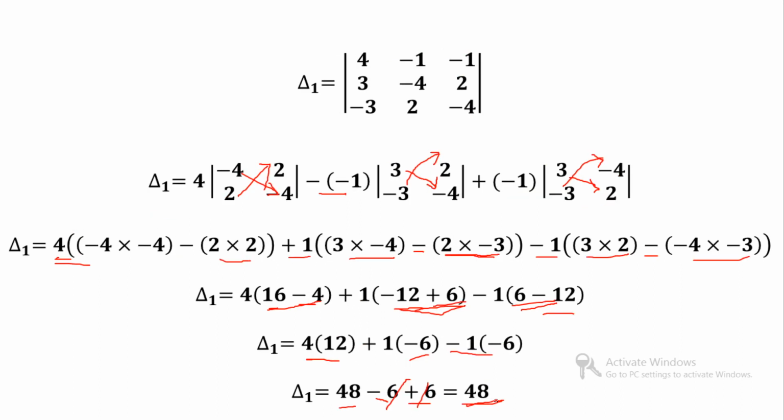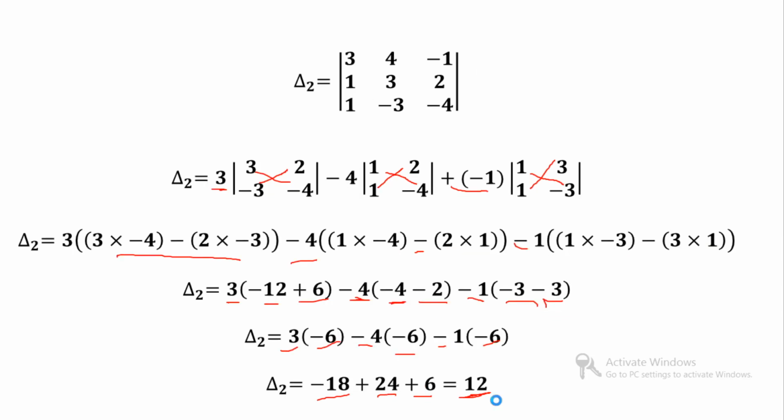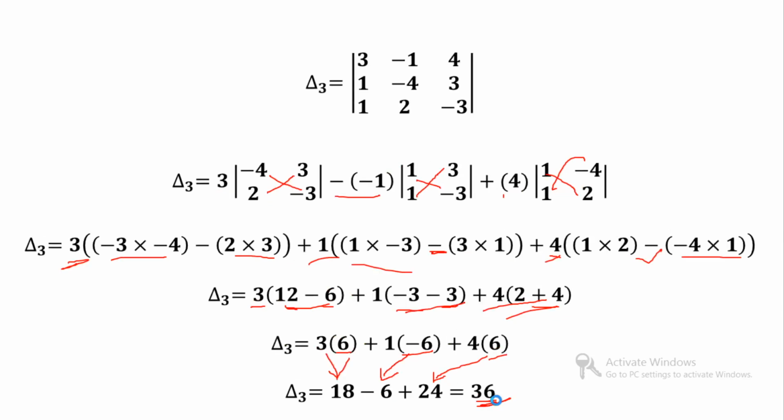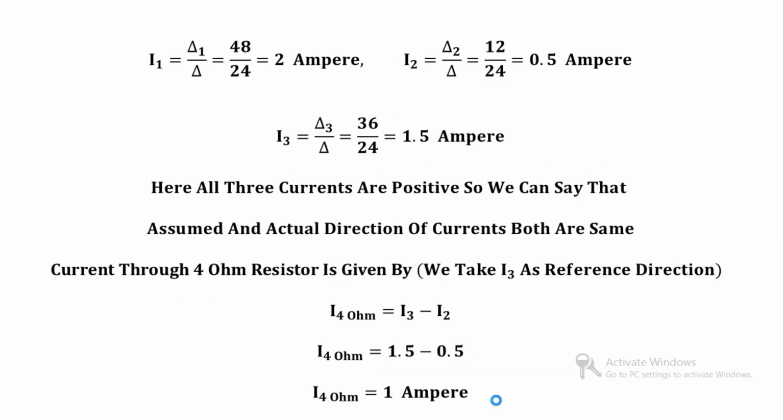Now after finding the value of all 4 determinants, we are able to find out the value of currents I1, I2 and I3. So I1 is equal to delta 1 by delta. Delta 1 is equal to 48, delta is equal to 24. So I1 is equal to 2 ampere.